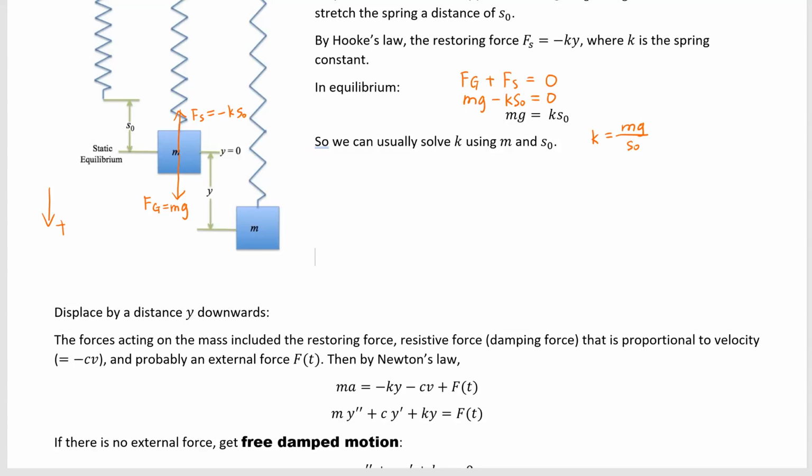Okay, then let's look at this picture. So the spring force, we have the spring force going up. Okay, so that is Fs. Let's say this is y, so this is minus ky.